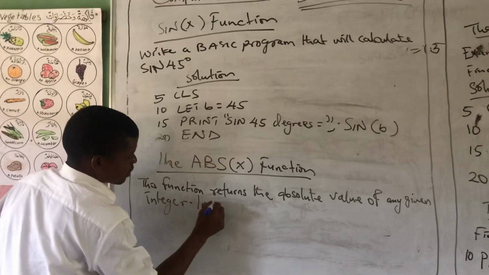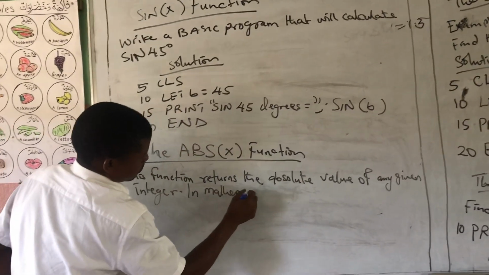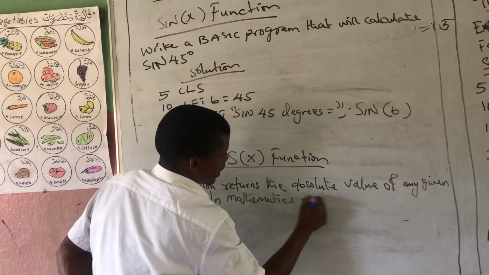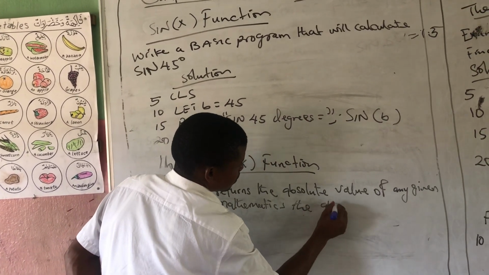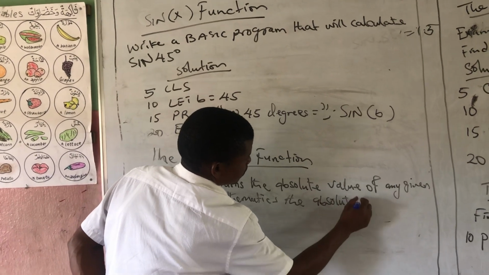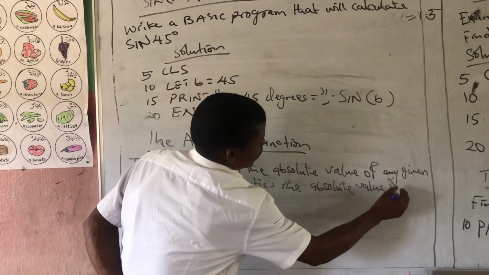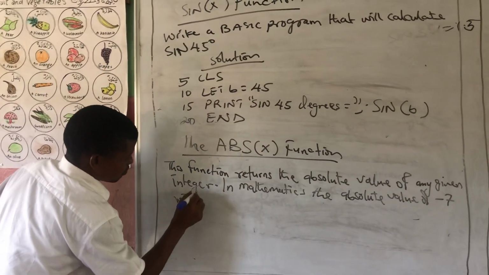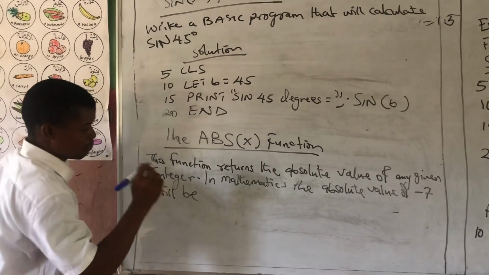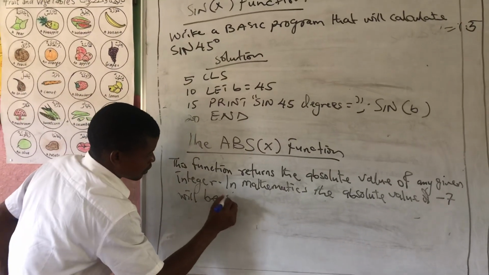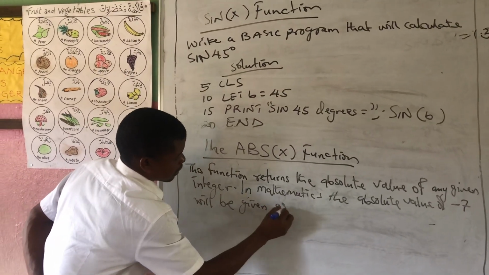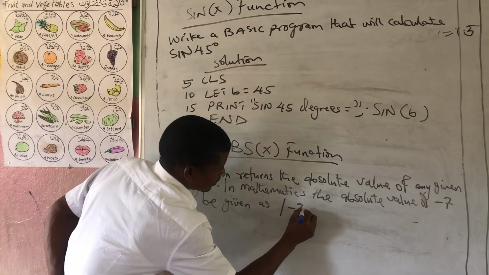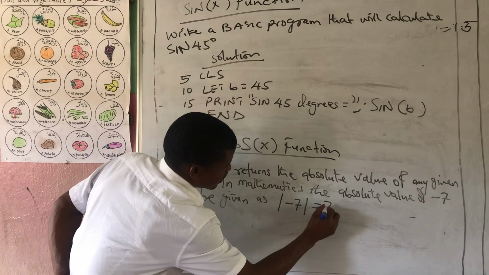In mathematics, the absolute value of -7 will be given as this, which will give you 7.